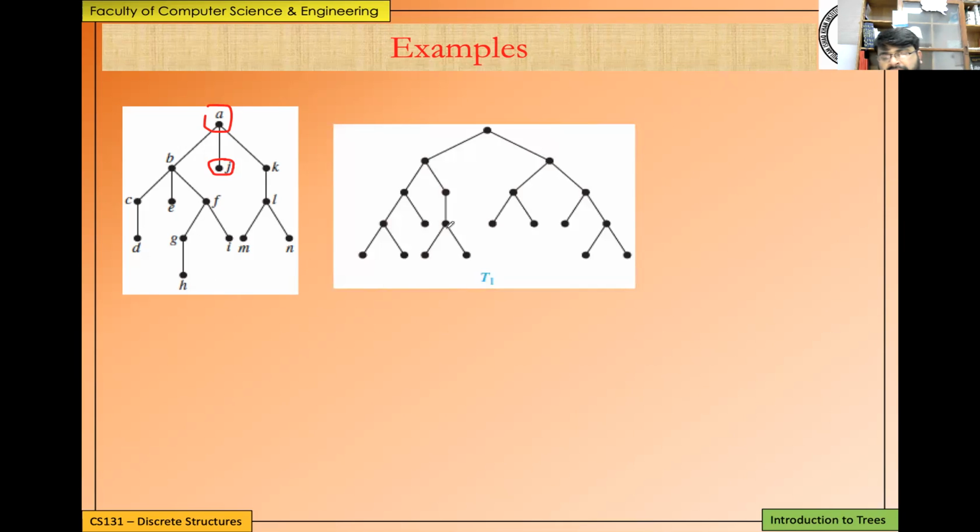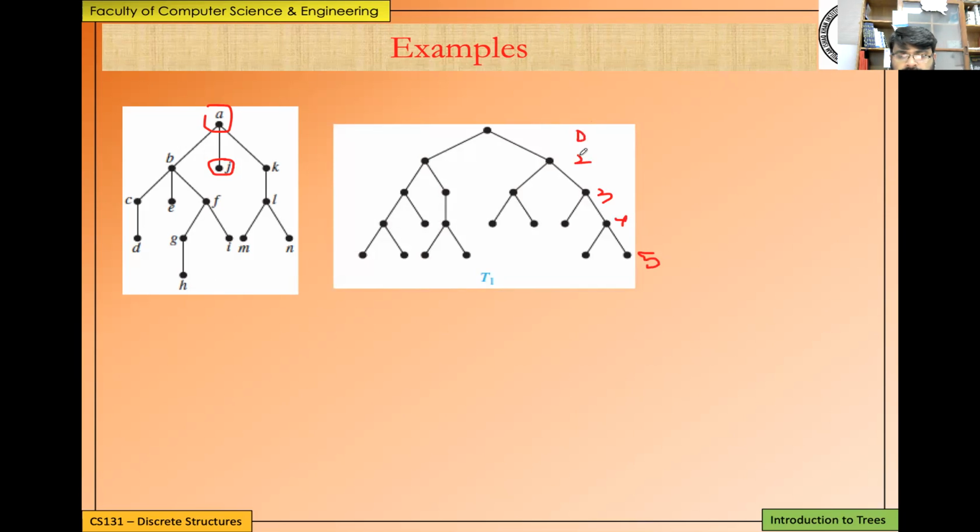Is this a balanced rooted m-ary tree? Well, the answer is yes, because all of the leaves are at either this level or this level. And actually this labeling is a mistake. It should start at 0, not at 1.